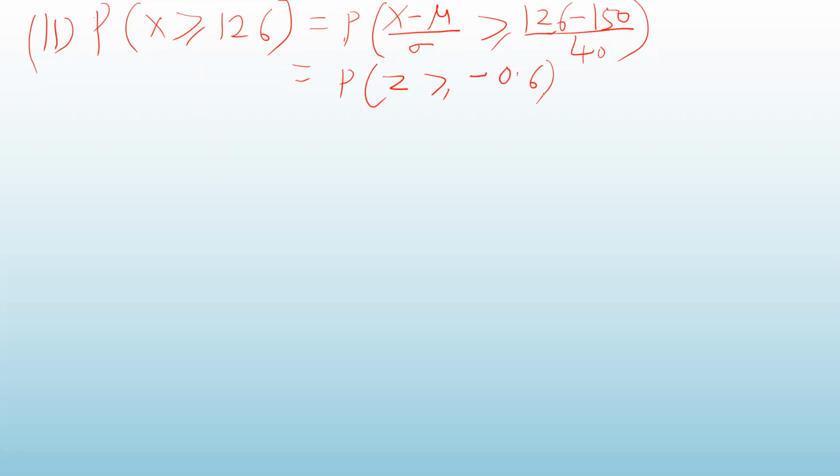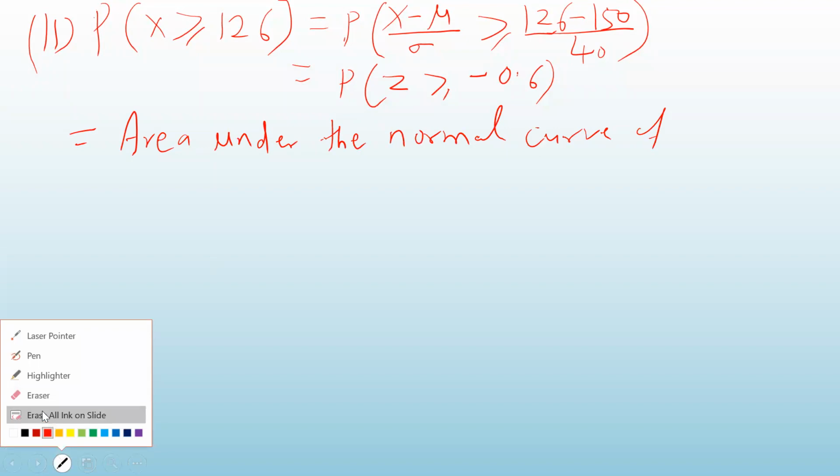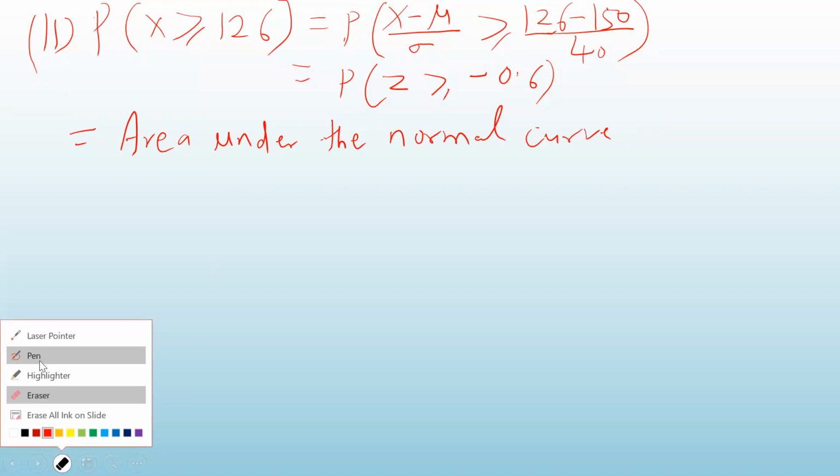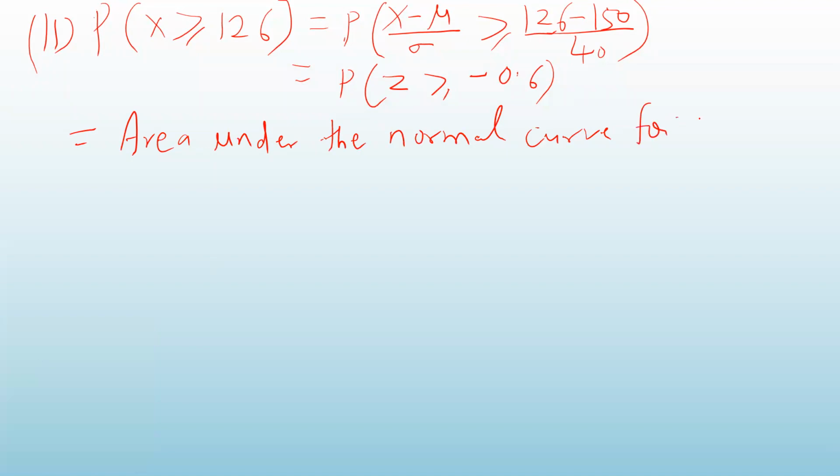Now, to find the probability of this, you have to see the normal curve and see which area you will require. This is actually nothing but the area under the normal curve for z greater than or equal to minus 0.6.